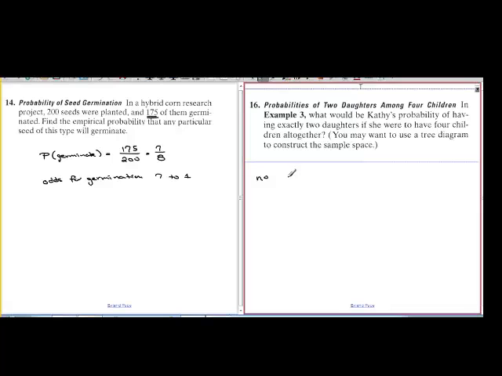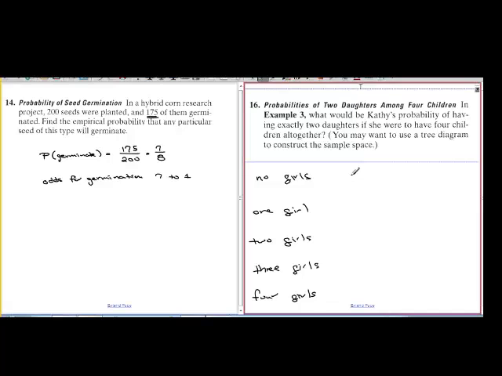These are the possibilities: no girls, exactly 1 girl, 2 girls, 3 girls, and 4 girls. So those are the 5 possibilities.